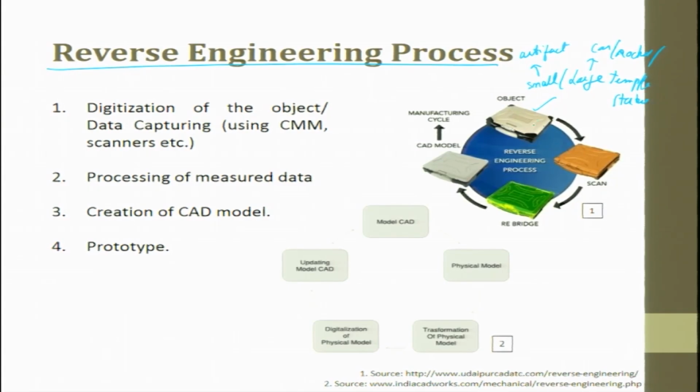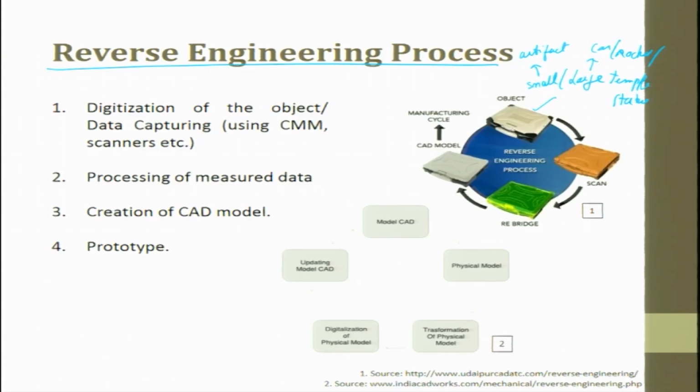So, we take that object, then we try to scan the object. When scanning, we try to take the data points. First we take the complete object, then we section the object into several planes, and in each section we look for XYZ data in that plane.